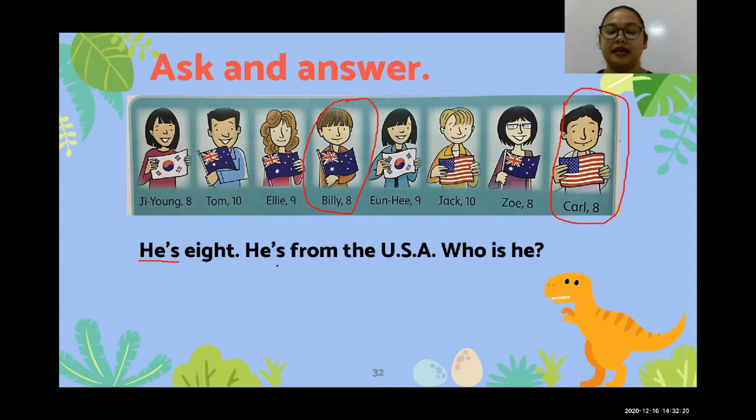He's 8. He's from the USA. Who's 8 years old and from the USA? Who is he? Of course, it's not Billy. So our answer would be, it's Carl.